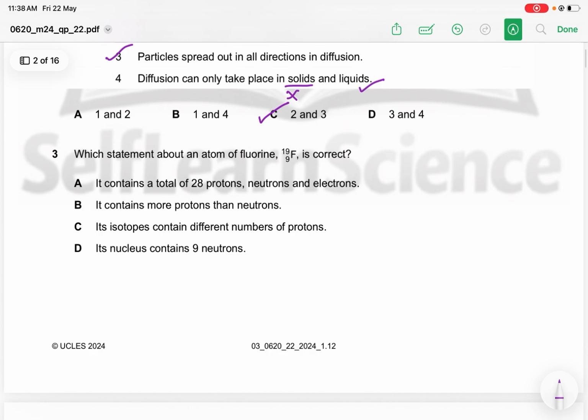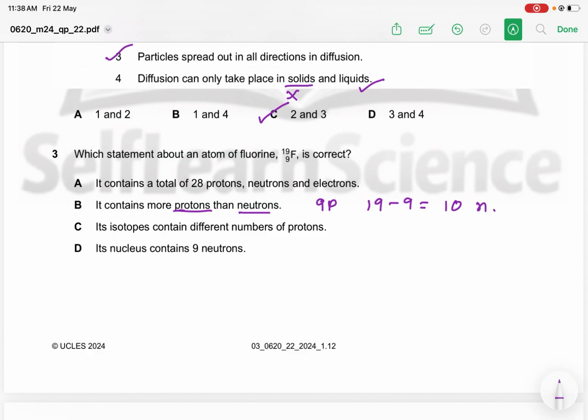Next, which statement about an atom of fluorine 19F is correct? It contains a total of 28 neutrons, protons and electrons. It contains more protons than neutrons. If we find out, we have 9 protons and 19 minus 9 is equal to 10 neutrons. So we have no more protons actually. So B is not correct.